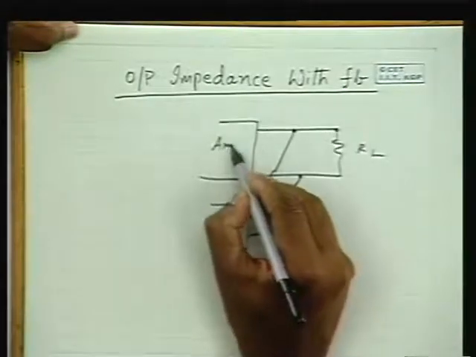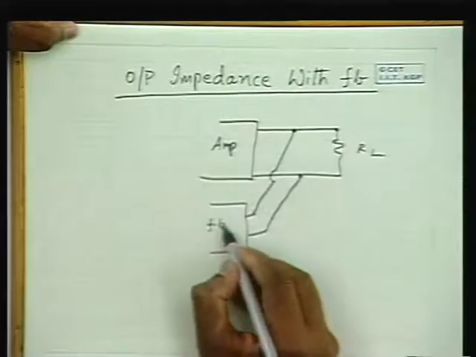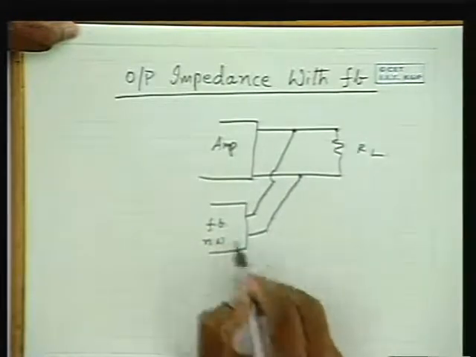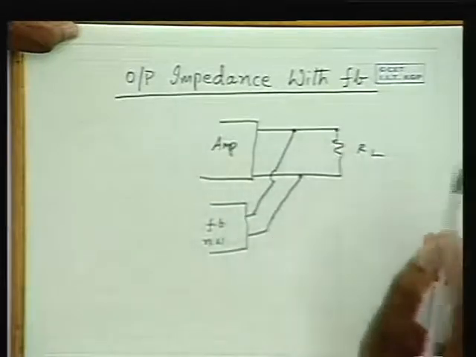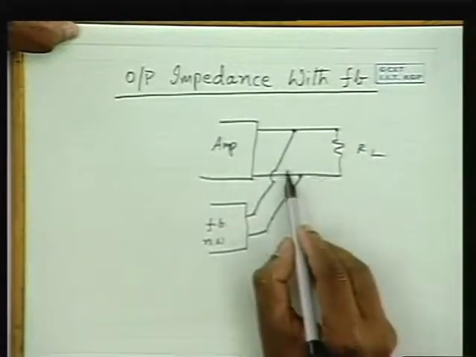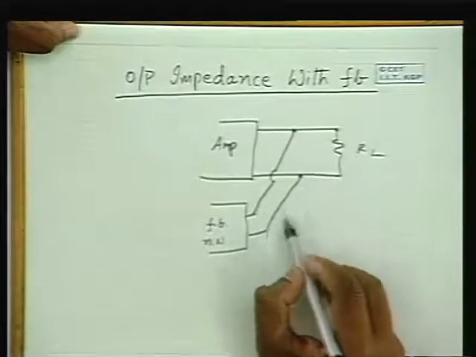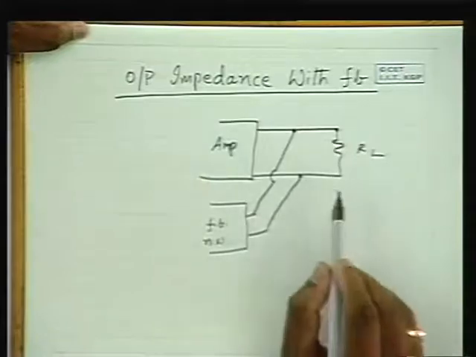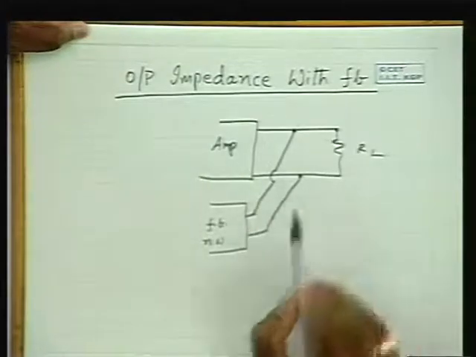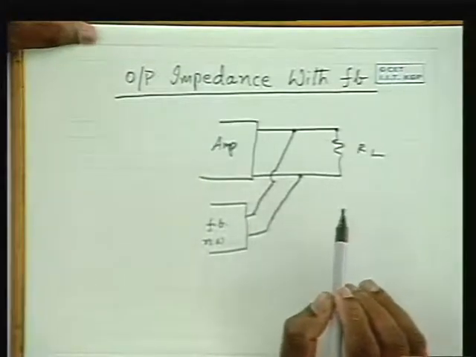This is the amplifier, this is the feedback network. This is shunt feedback, voltage feedback. And for current feedback, we cut the line here and see that the output current flows through the feedback network. So in both cases, let us see how the output impedance changes.